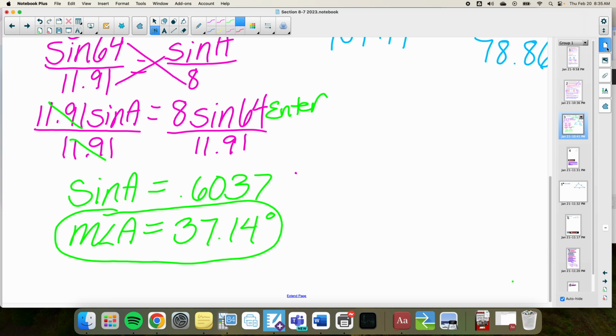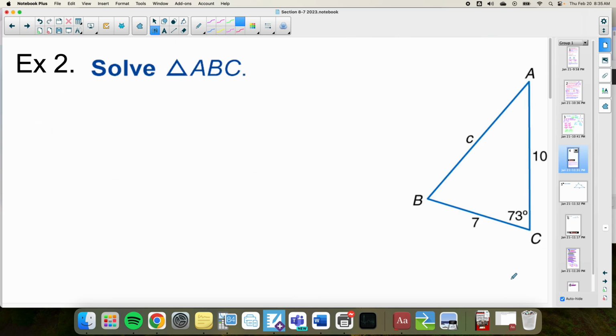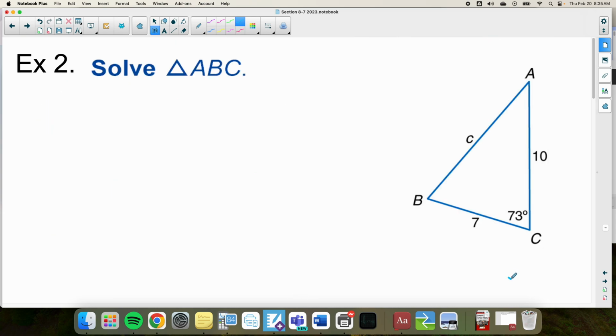So let's try one more that is like this. So in this one again, what I do first is I look at, okay, this is little a, that's little c, this is little b. Now again, just by the way I did these problems, it turned out that the side we're looking for is little c, and that's just by chance, the ones that I picked.